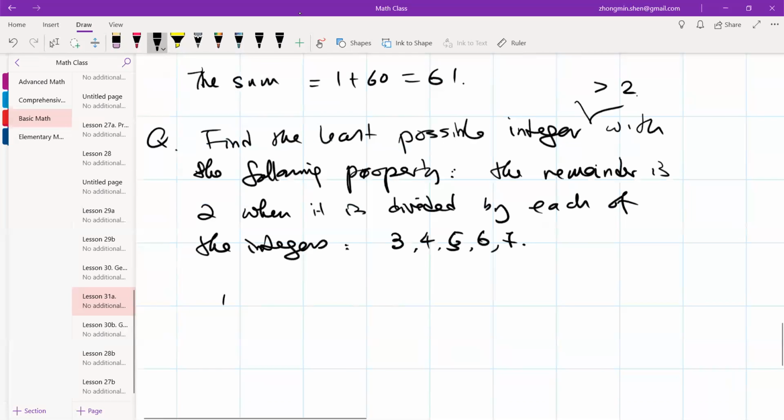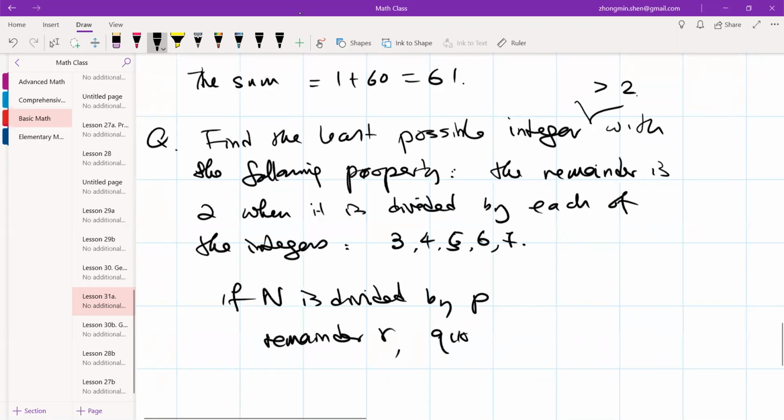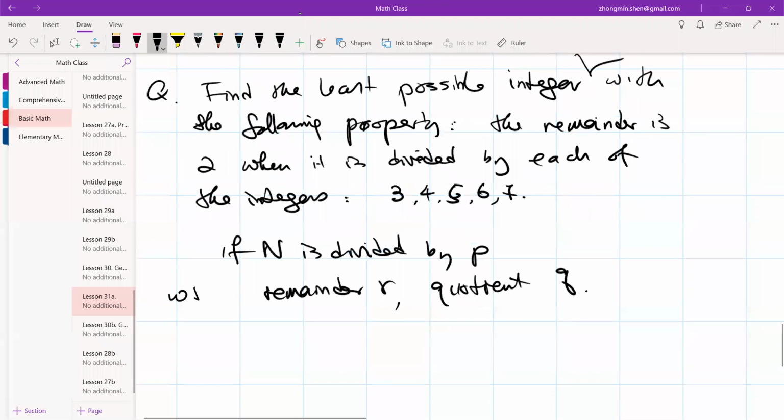If n is divided by p and there is a remainder, and you get remainder r and the quotient q, then n divided by p is going to be the quotient, and the remainder is still there, so r over p.